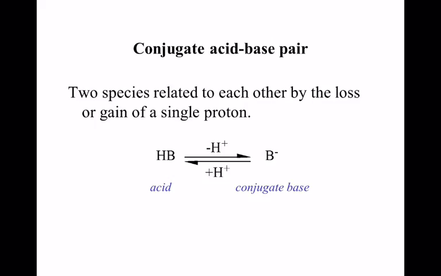This is their conjugate acid-base pair: this is the acid, this is its conjugate base. But to me, it's going back and forth. Are you going to go left to right, or right to left? Oh, there we go. This is the base, and this is its conjugate acid. Conjugate acid-base pairs.